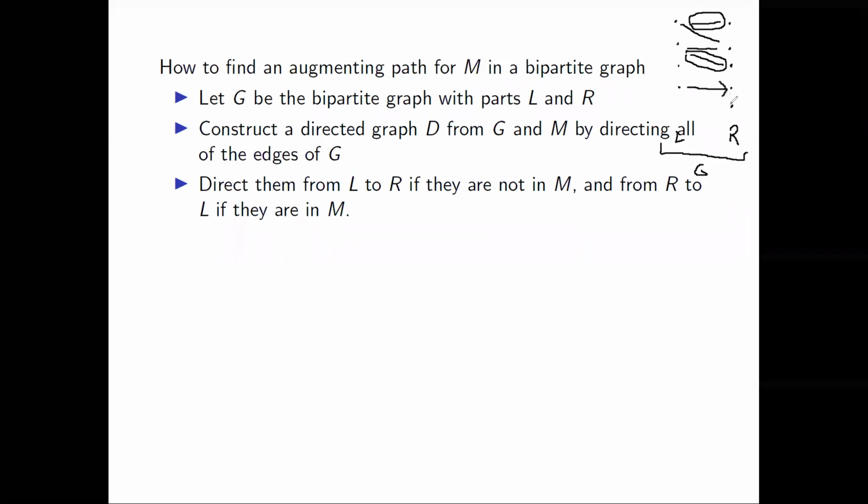So this edge, not in the matching, it gets directed that way. Same with this edge, and same with this edge. And now we also have to direct the edges that are in M. So the edges that are in M go from R to L. So this one gets an arrow here, and this one gets an arrow here.